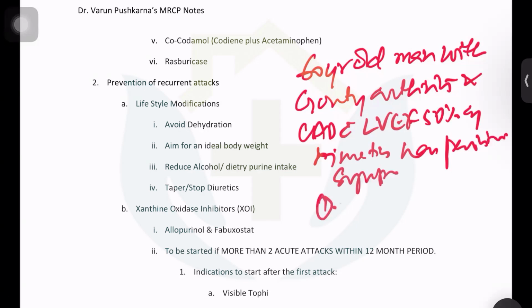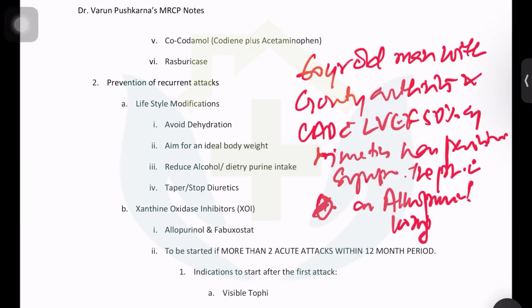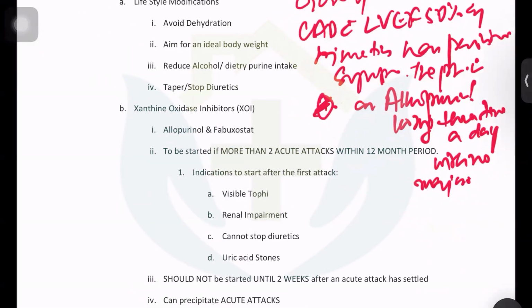The patient is on allopurinol 100 milligram 3 times a day with no major relief. So the patient has chronic gout with no major relief. What is the next best step?